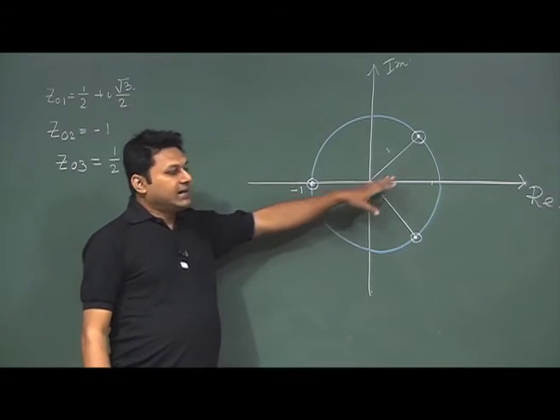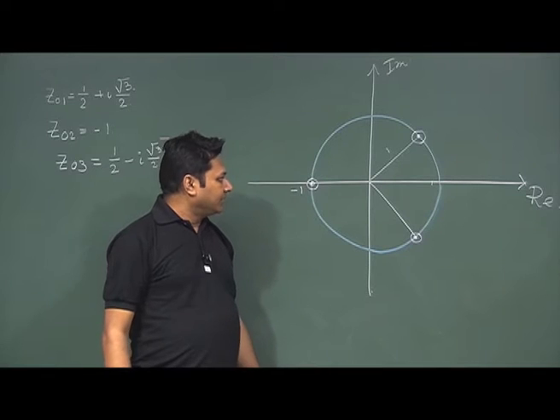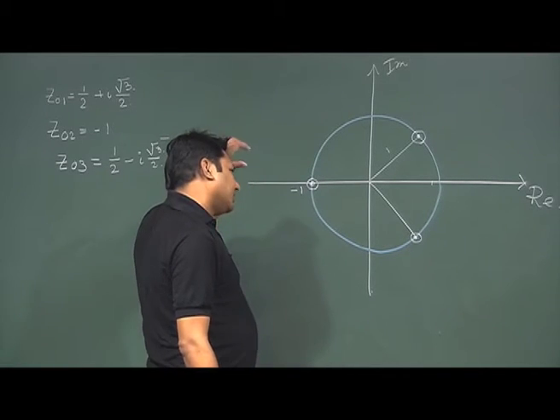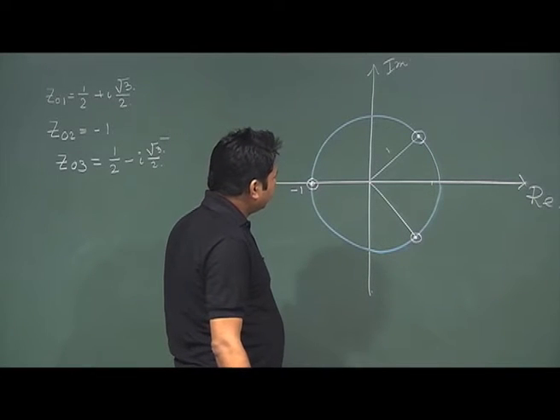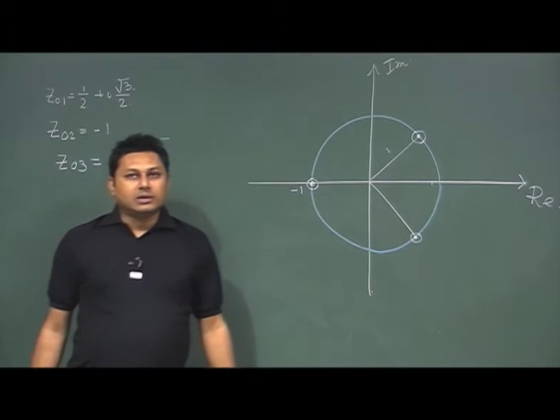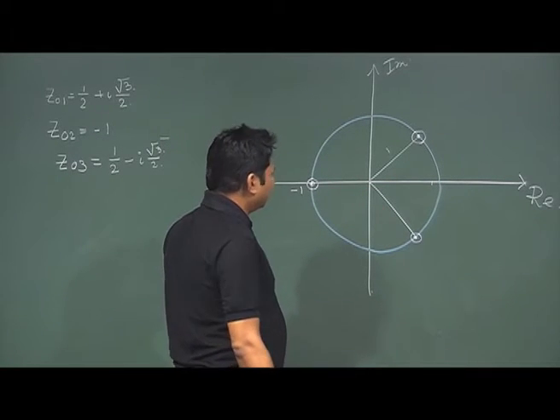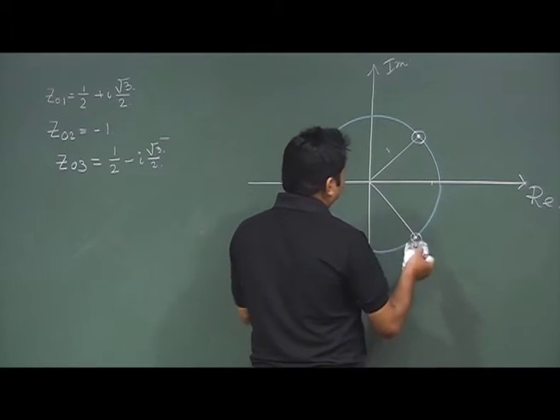And you can see that these points are placed very symmetrically. I need to calculate the angle between them. Let me slightly change, because it should be 60 degrees. My drawing is not good.